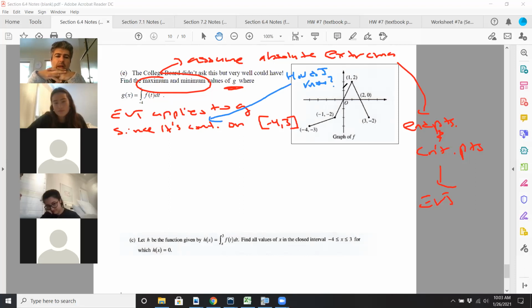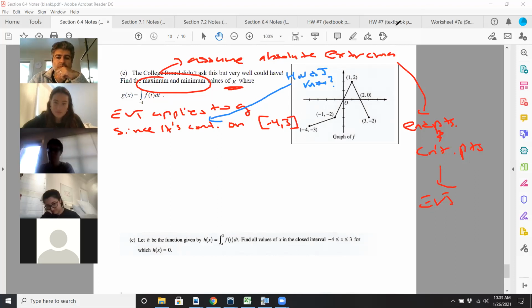Anyone want to explain how do I know? You didn't say so in the problem. Not so much the graph, because I have a graph of F. Thank you, Lauren.